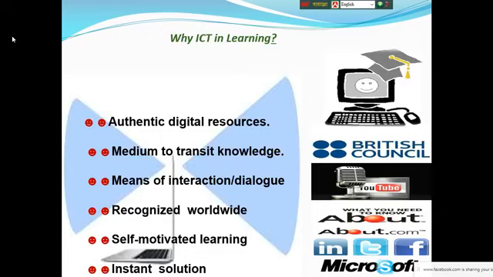Perhaps not, because they are the organization teaching English all over the world. So these websites or platforms are recognized worldwide. So you can use these websites without hesitation. This is authentic, this is reliable.